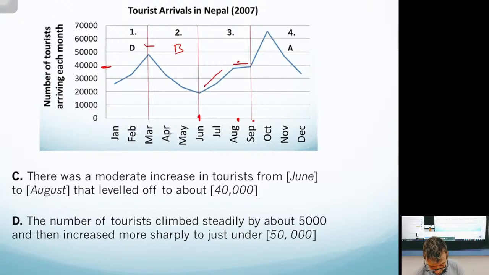The number of tourists climbed steadily by about 5,000 and then increased more sharply to just under 50,000. So this is obviously this part here. And those are the answers right there. So you should have had 1D, 2B, 3C, and 4A. Yeah, that's right.